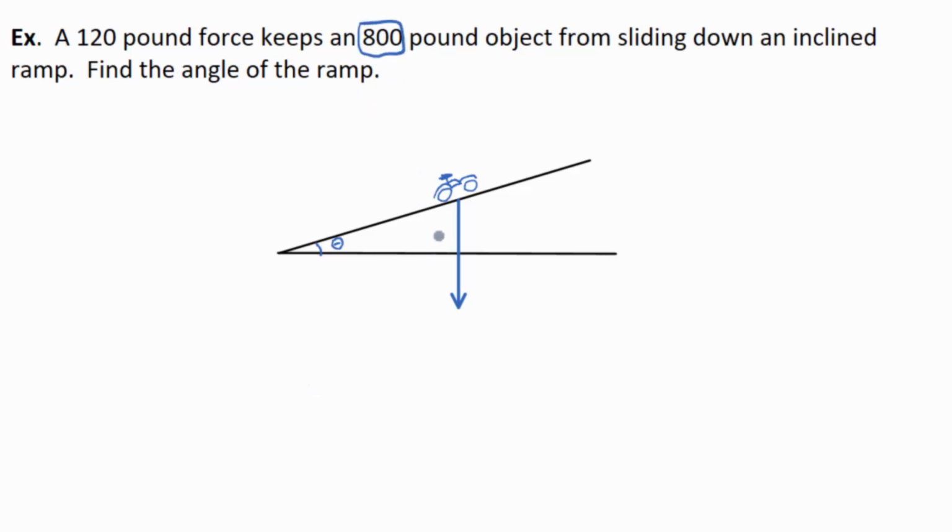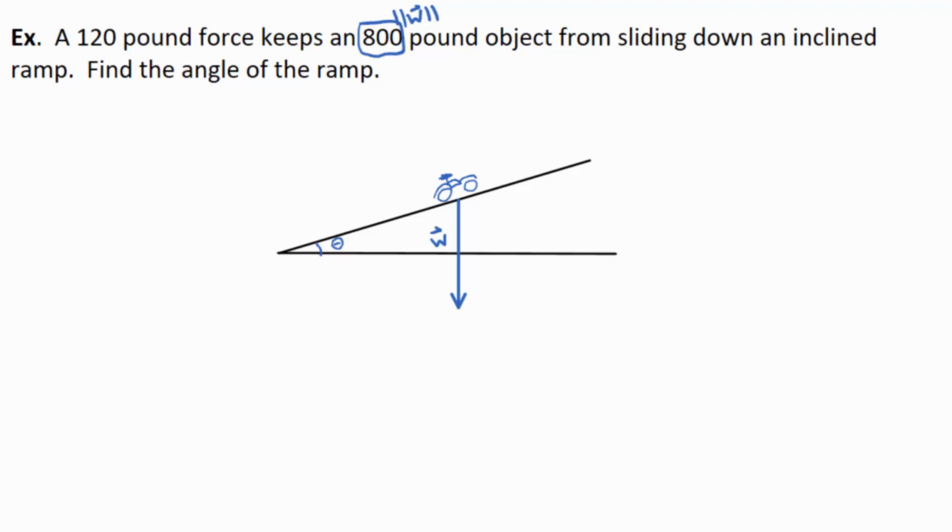So if you call this thing W, this guy in blue W, then it's really the magnitude of W. That's 800 pounds. Does that make sense? Because when we're talking force, the magnitude is the force imparted, in this case, against the ramp straight down. The length of it is the magnitude, the 800 pounds.